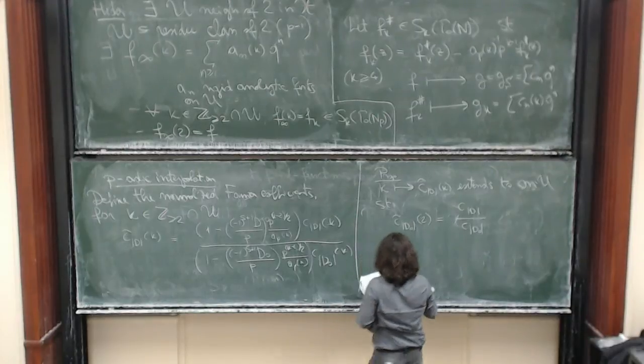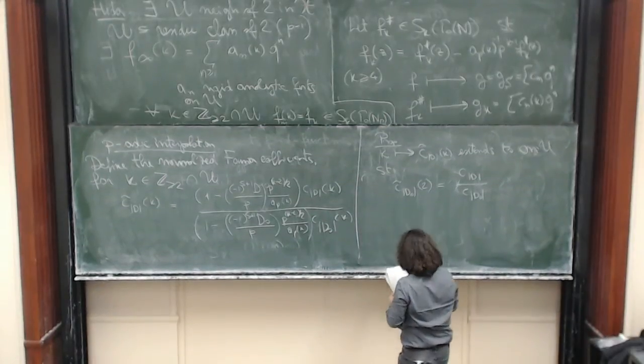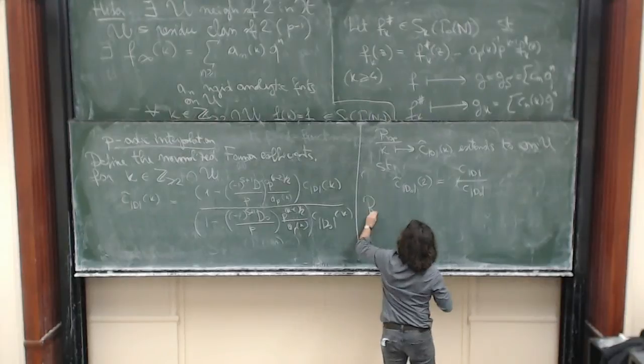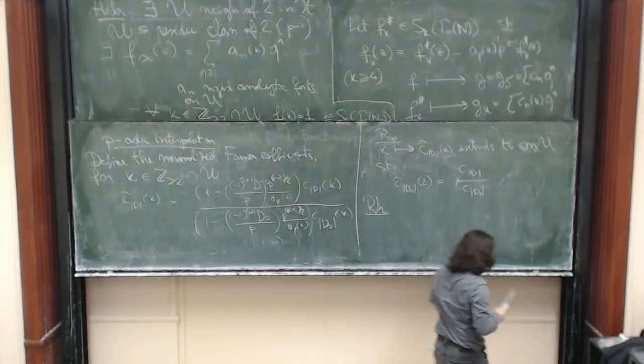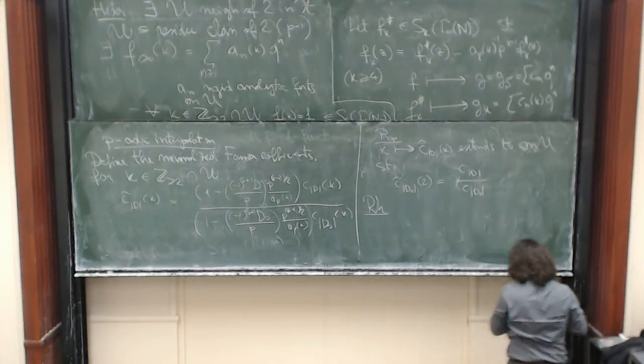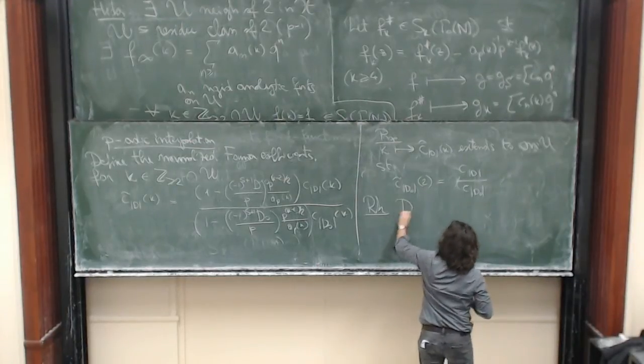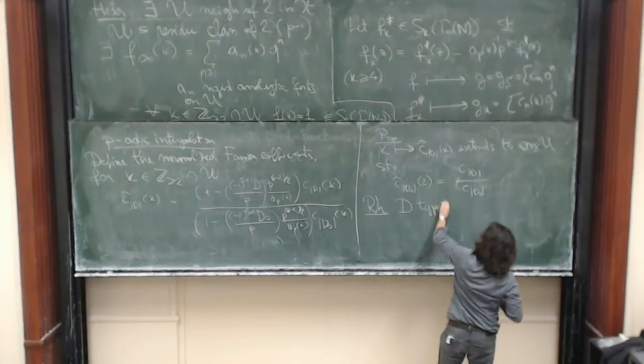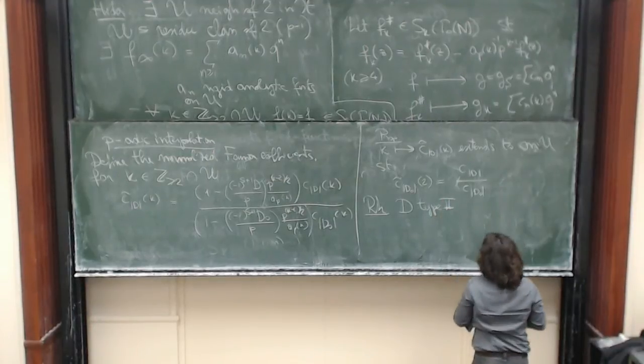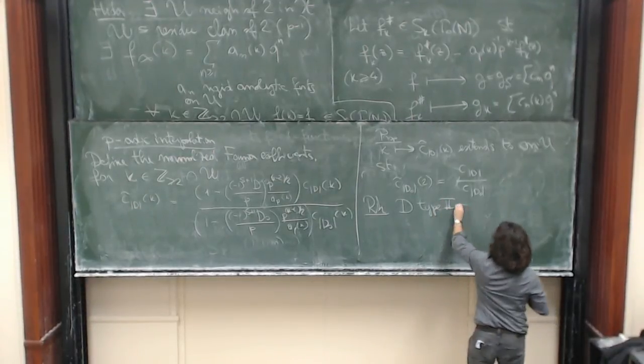Okay, so in particular we see the following. The remark, which is the crucial observation for what I'm going to say, is this: suppose that D is a discriminant of type 2.